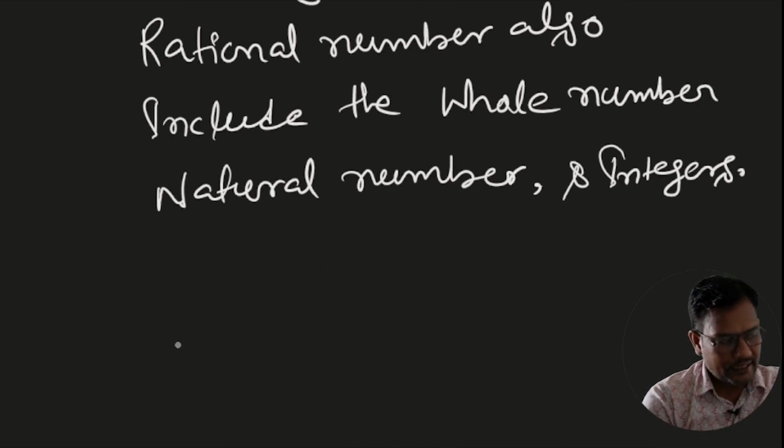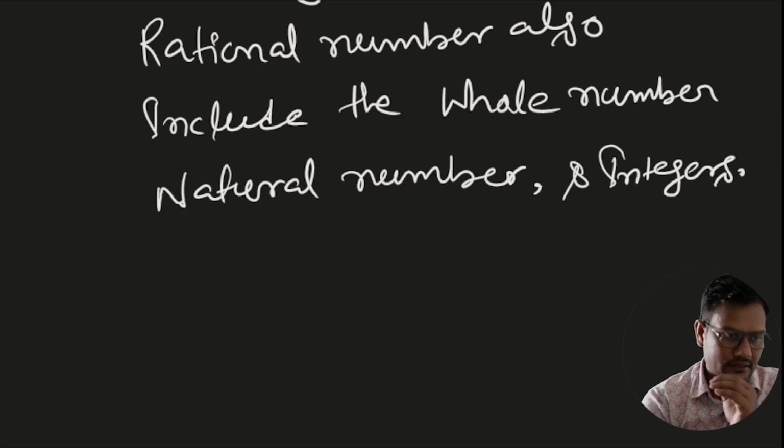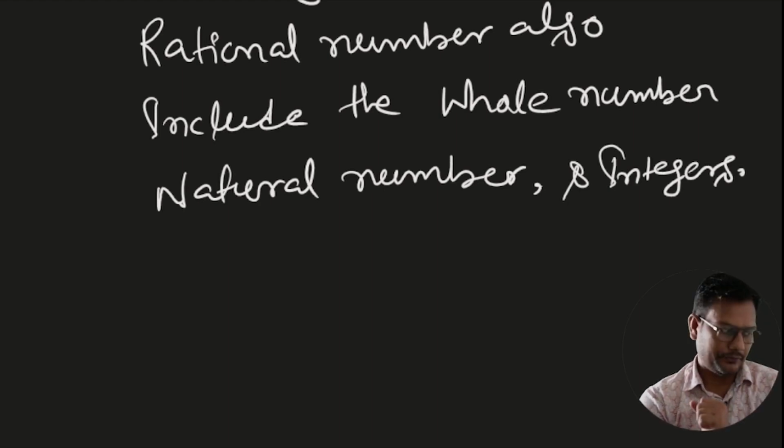Also we can say that rational numbers don't have a unique representation in the form of p by q, where p and q are integers and q is not equal to 0.